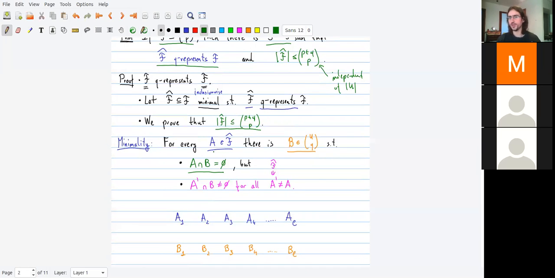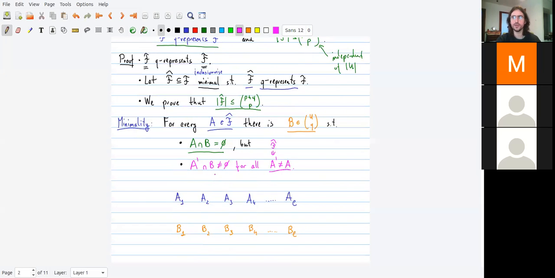However, if I removed A from my family, there would be no witness anymore. So for every A prime different from A, A prime and B are not disjoint. Then the removal of A would mean that this future does not satisfy the condition of representativity.